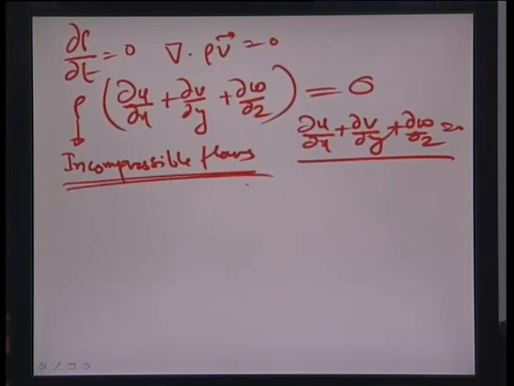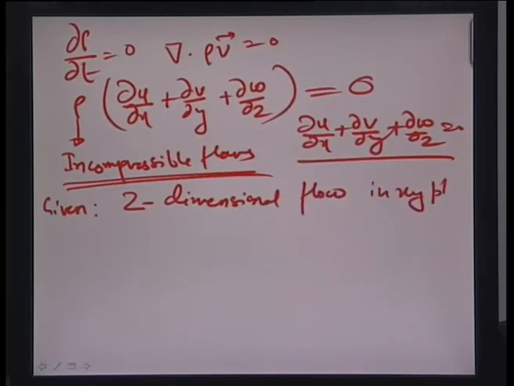Let us try to understand this through an example. Let us say there exists a 2-dimensional flow in the xy plane, for which u is equal to Ax.